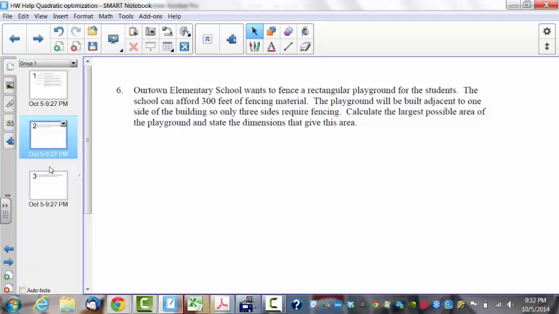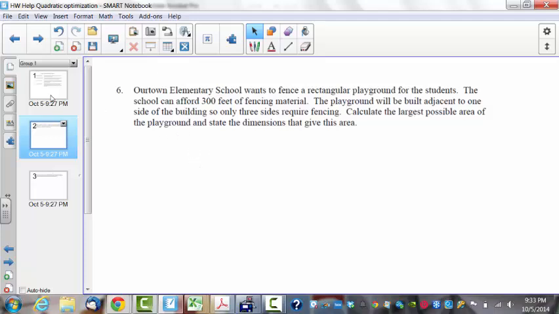In the problem that we did in class, all 4 sides required fencing. In this case, only 3 sides require fencing, and the 4th side will be the wall of the school. So we want to calculate the largest, or the maximum, possible area of the playground, and state the dimensions that give this area.